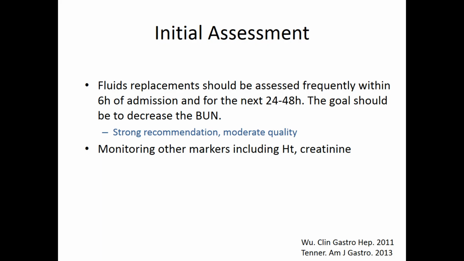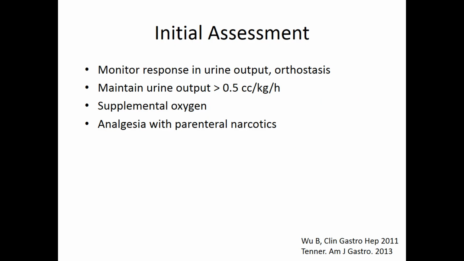You need to stay on target, because this is how you assess how well you're doing with your hydration. You also want to monitor the urine output and the orthostatic vital signs, and maintain a good urine output. You supplement oxygen, and of course you want to consider good analgesia with parenteral narcotics, because acute pancreatitis is very, very painful.